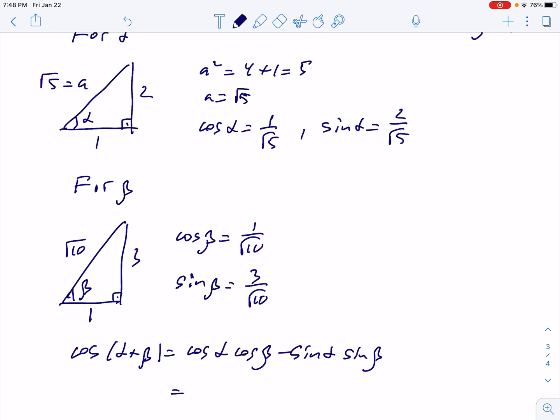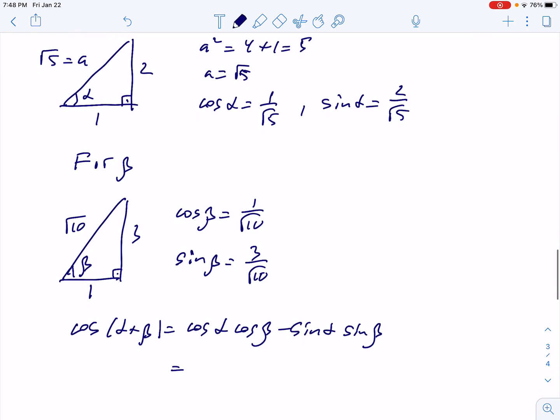And now we know these values, replacing them here. 1 over root of 5 times 1 over root of 10 minus sine alpha, that's 2 over root of 5, and sine beta 3 over root of 10.